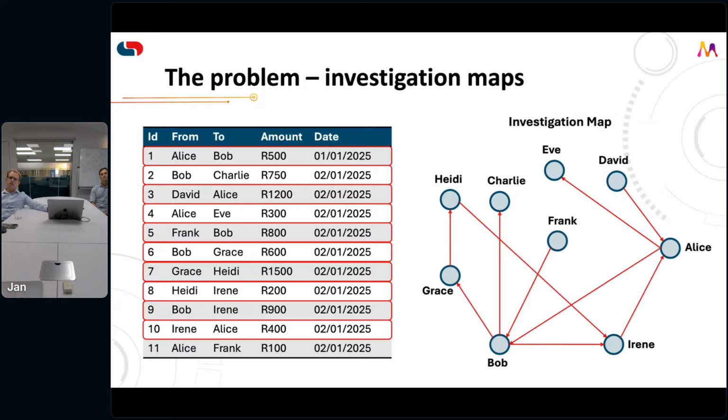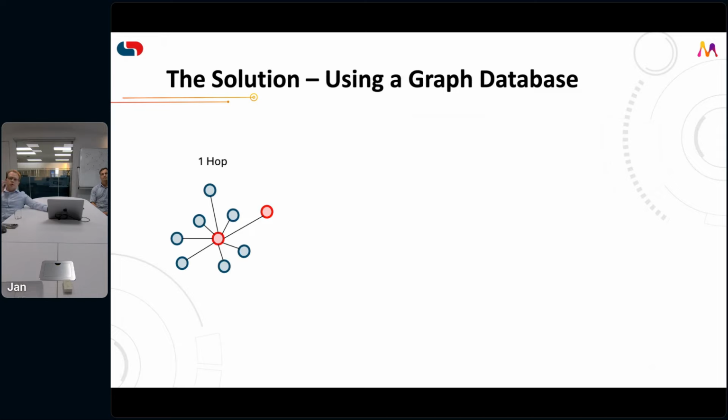And as you can see, this takes a lot of time, because if you have a lot of transactions like we do, this is just physically impossible to do at a large scale. So the answer is the graph, and it's quite obvious because they actually draw out that investigation map.